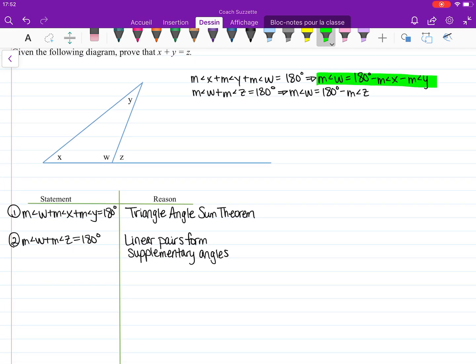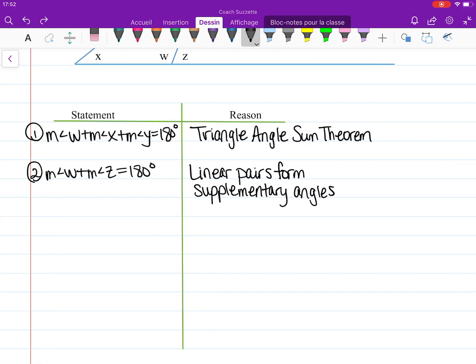Then we did this. So we have the measure of angle W is equal to 180 degrees minus the measure of angle X minus the measure of angle Y, and that the measure of angle W is equal to 180 degrees minus the measure of angle Z. That was just a subtraction property of equality.